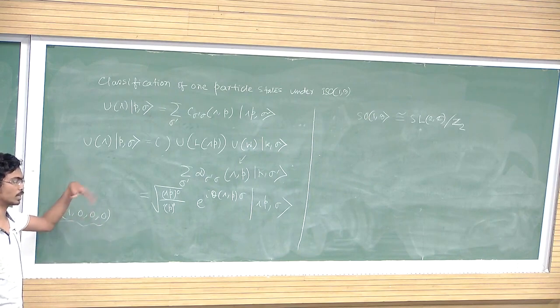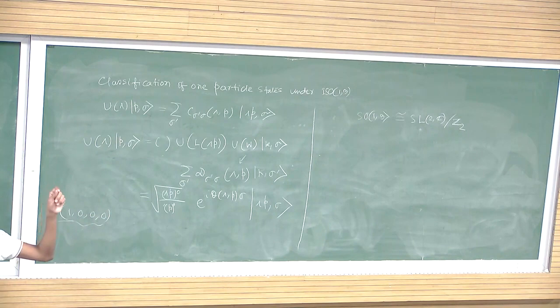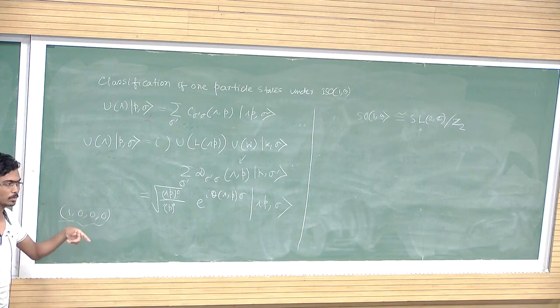Under that little group the quantum number is J3; for the massive particle it is not helicity. For massless particles helicity is a good quantum number, and it does not change under any Lorentz transformation. For the massive particle it will be spin, so that will change. This is what this thing is telling you.